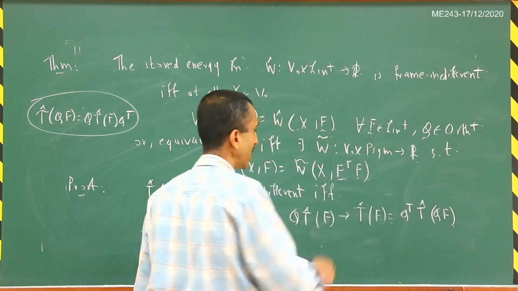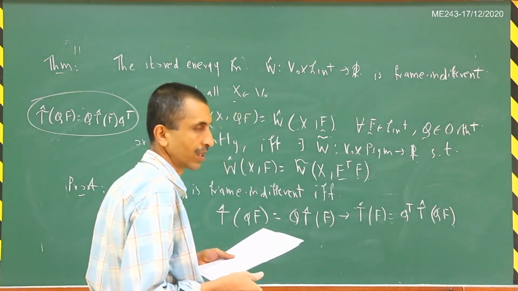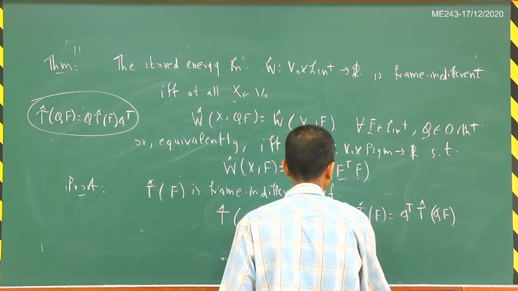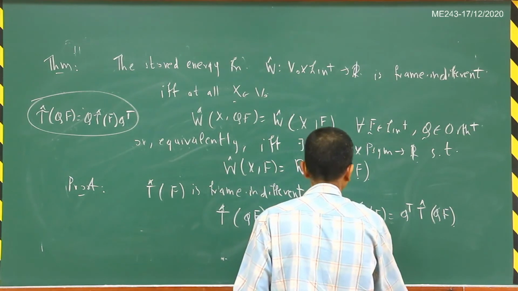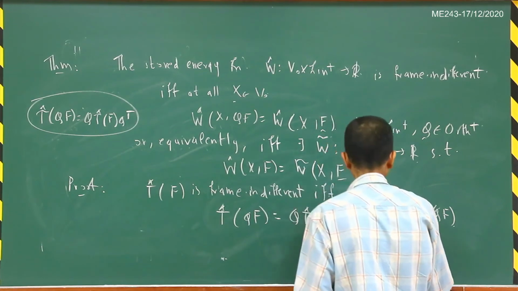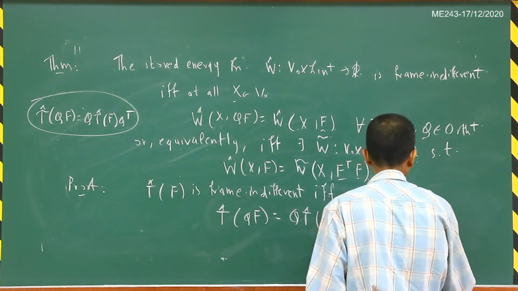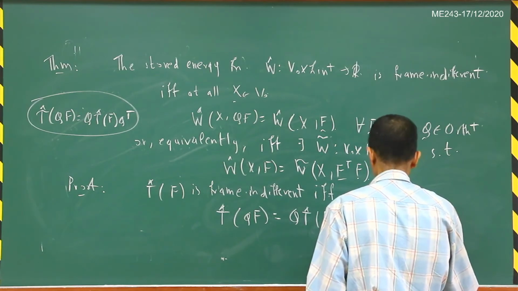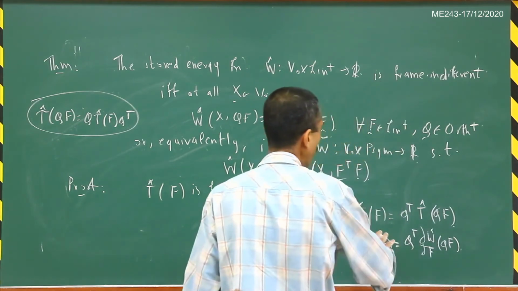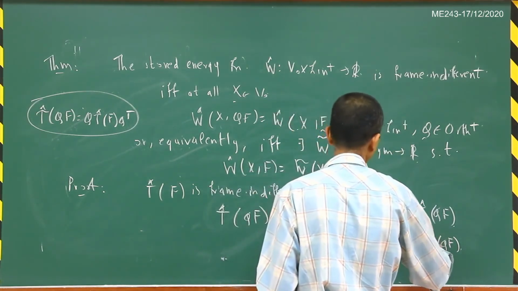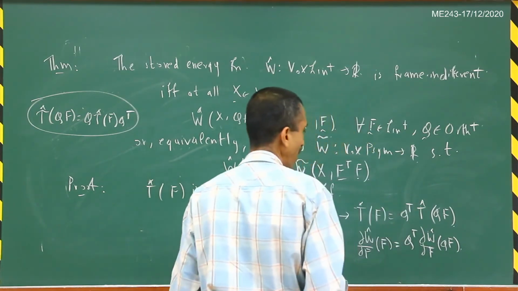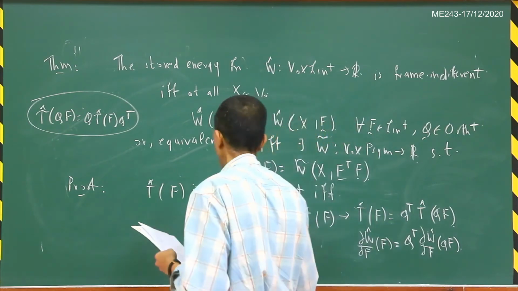So I'm just rewriting it in this particular way by using the properties of a proper orthogonal tensor, and T hat of F is nothing but del W hat by del F evaluated at F is equal to Q transpose times del W hat by del F evaluated at QF. Okay. So now basically we need to compute these gradients, especially the gradient of this particular function here. So let us define now a new function. So let me just write it here.